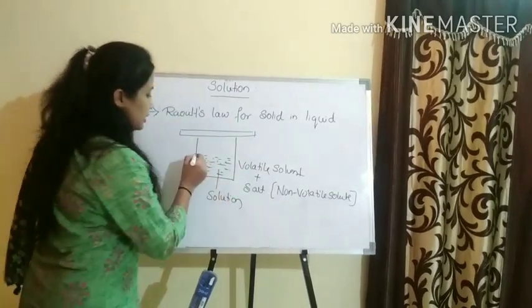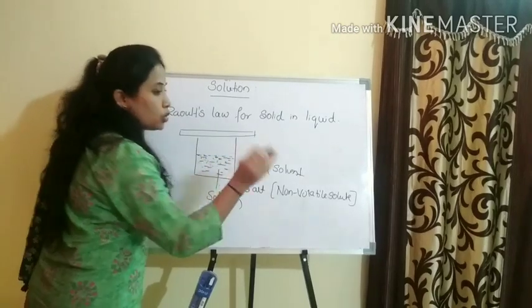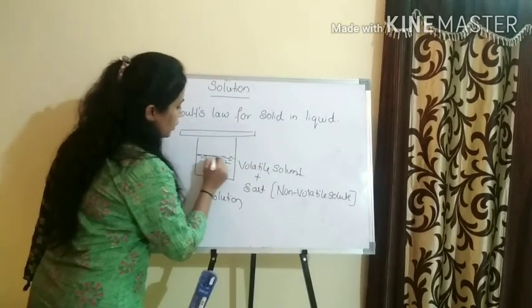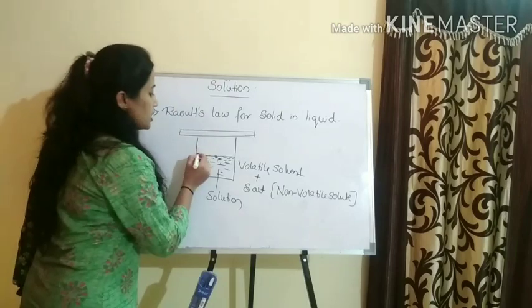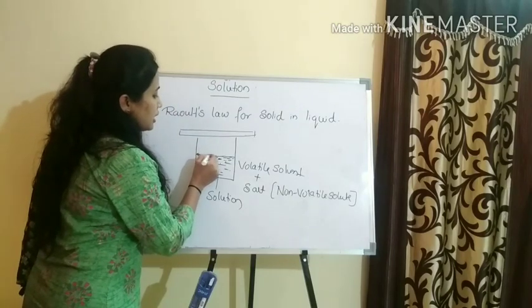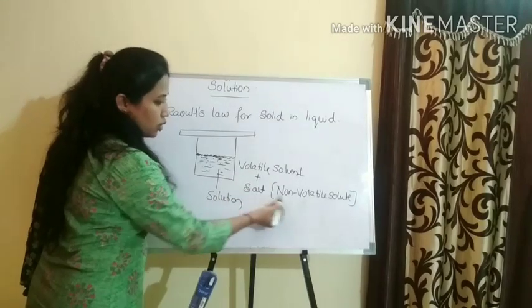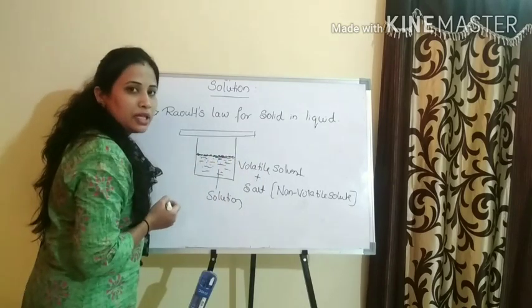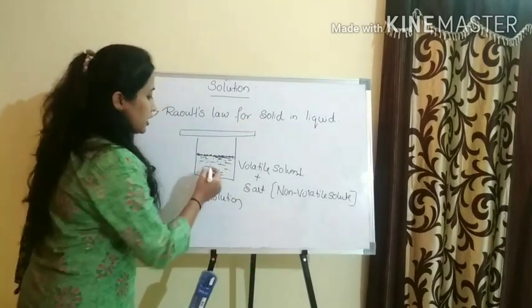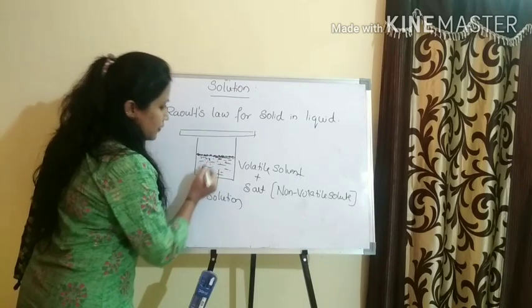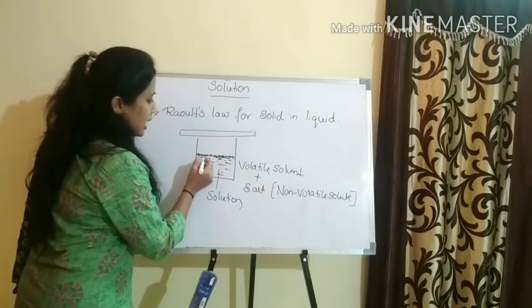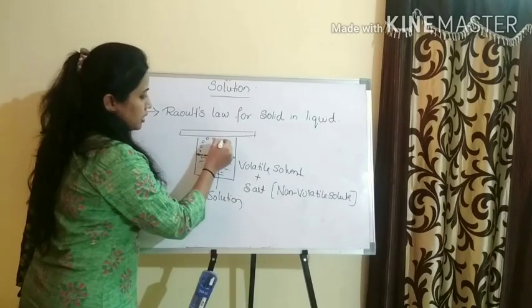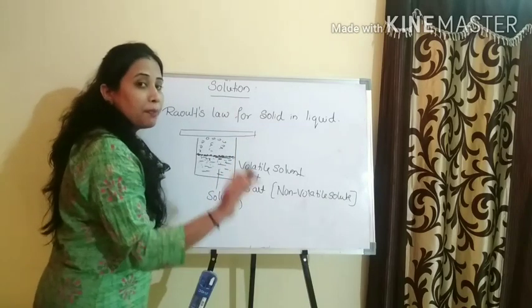But what is happening here? The surface of the liquid is not only solvent. Along with the solvent, there are solute particles also, the salt or whatever non-volatile solute, covering part of the surface of the liquid. When the volatile liquid tries to escape to the vapor state, obviously they will evaporate, it is not that they will not.